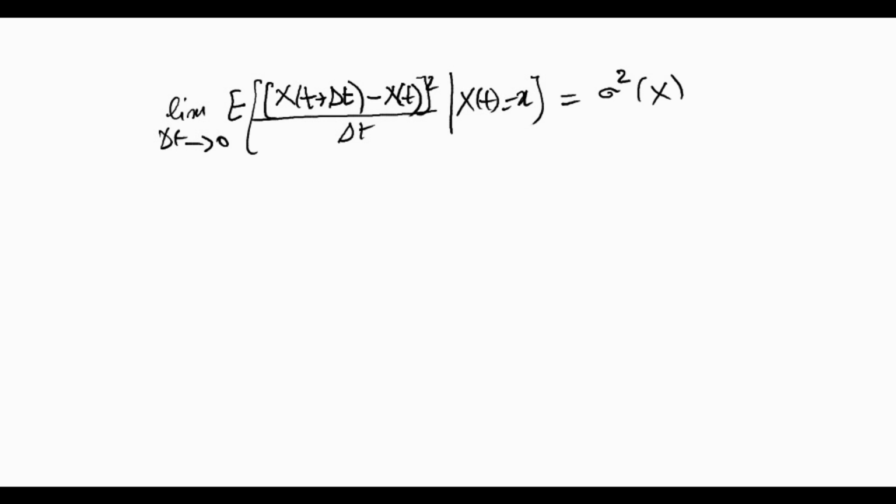And now using the same characterization, we can write that sigma square of x delta t, so this is exactly the same procedure as the one written in the previous slide, can be written as y minus x squared multiplied by the probability density function to jump from x to point y during time delta t, and we have to integrate over all dy.